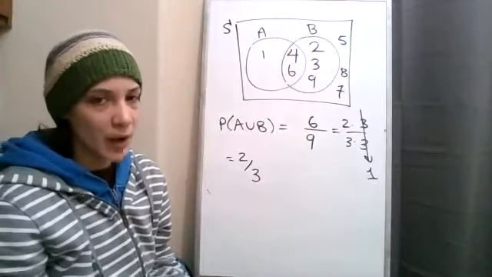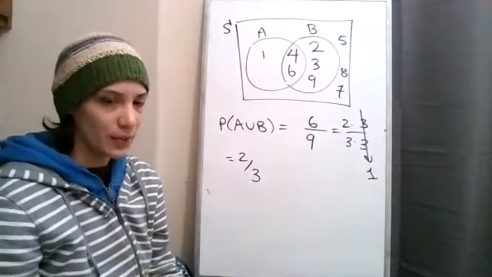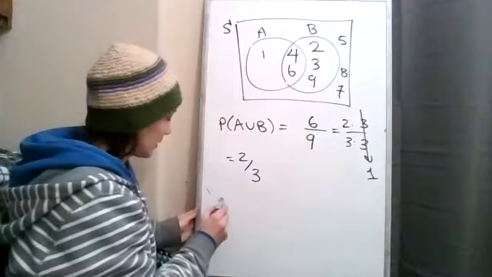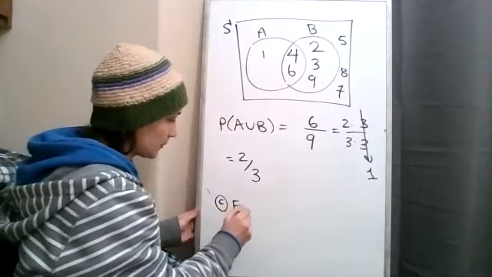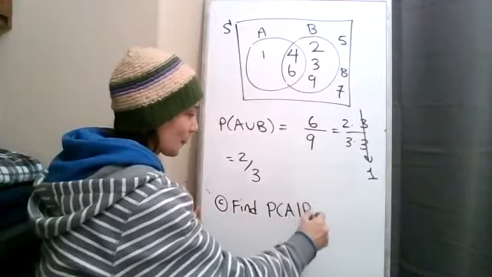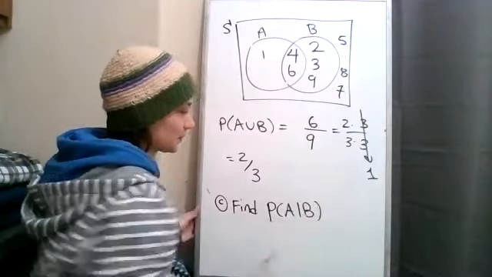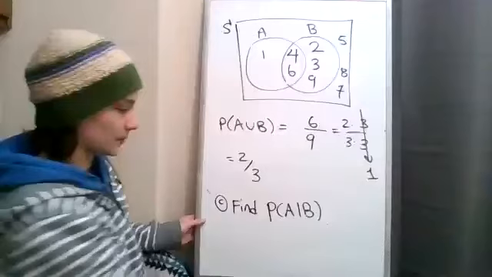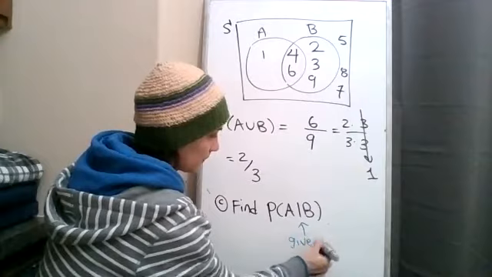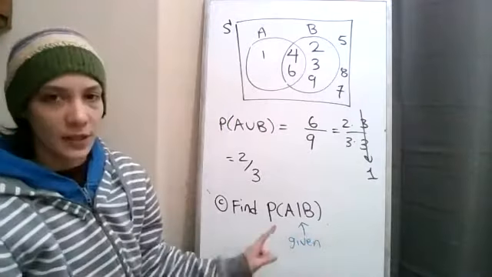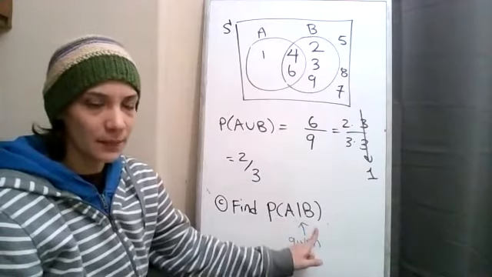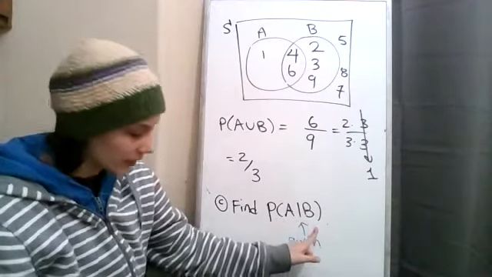Let's do the probability of A given B. I think this would be part C. This is given. So this is the one we've learned today. It's probability of A given B, and you use a formula.